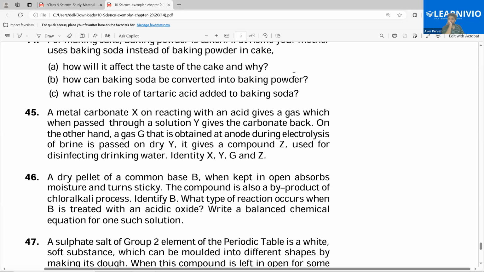Sir, I have heard there will be 50% competency-based questions in science. So what is that? Competency is a word that we generally use for daily life; we have to relate the question to our daily life.